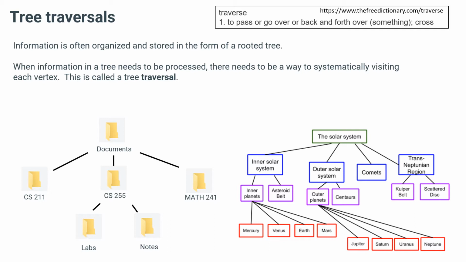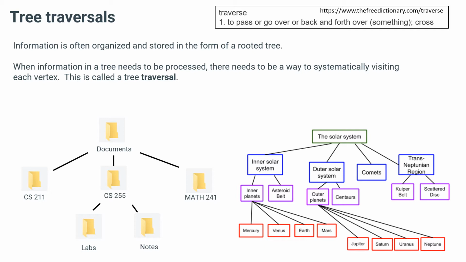So when we have to process information in a tree, sometimes it might be searching through files, or when we're processing information in something like this solar system tree, maybe we want to just print it out.